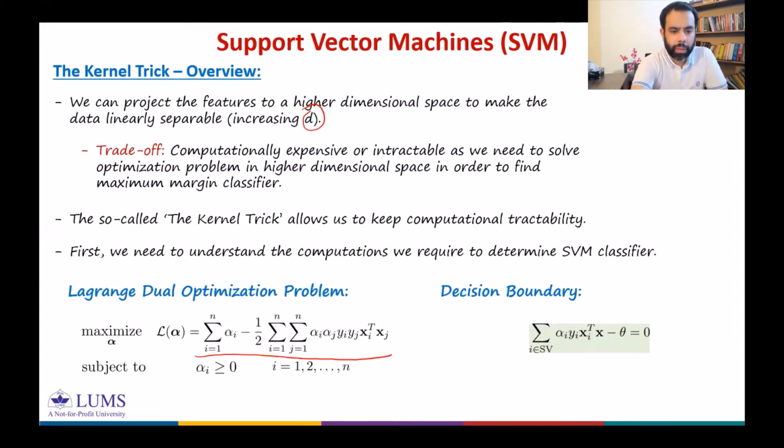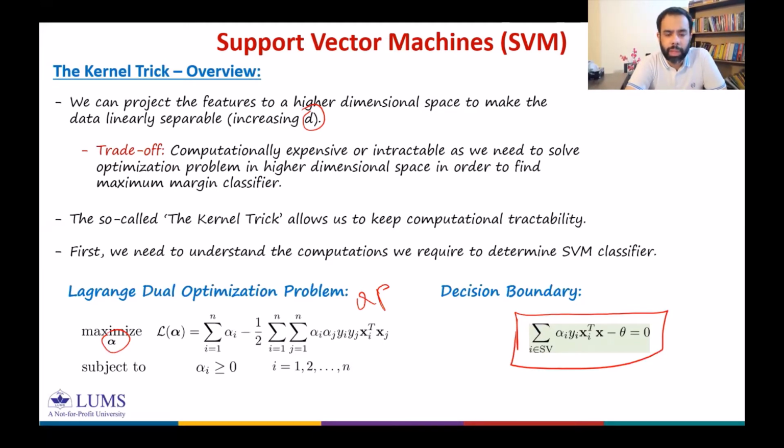So the problem we have is convex optimization, or this is a QP. When we solve this QP, we determine these alphas. Once we have these alphas, we can learn the decision boundary using this expression. So this defines the decision boundary.